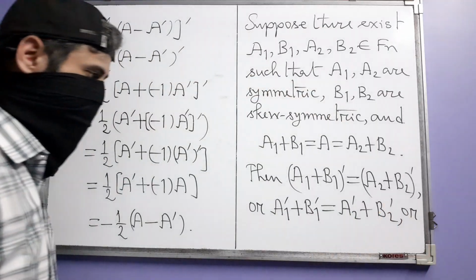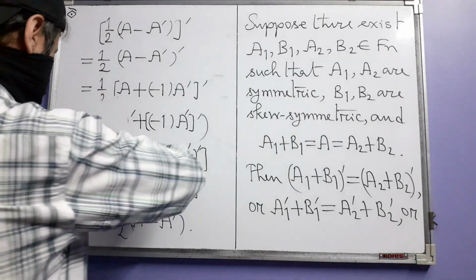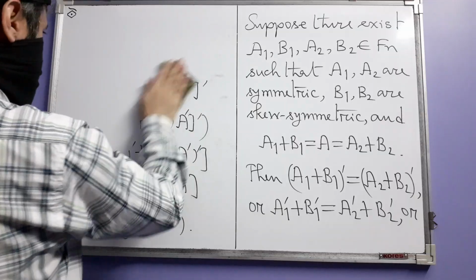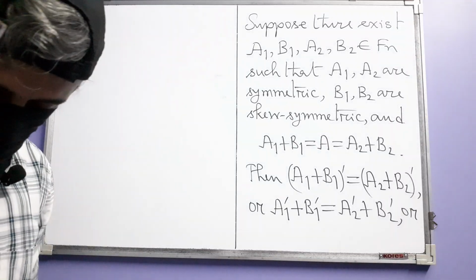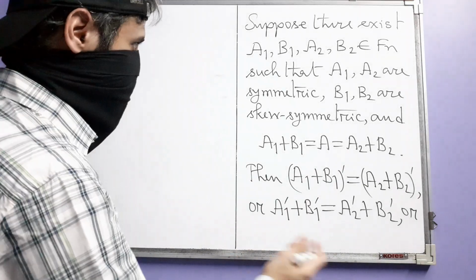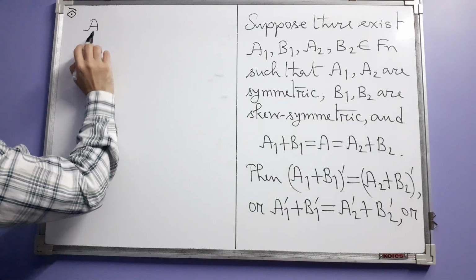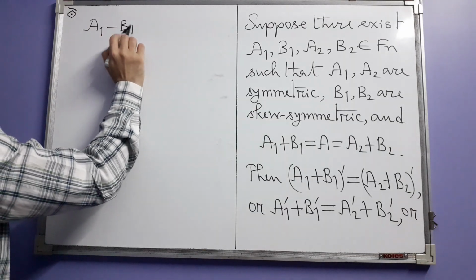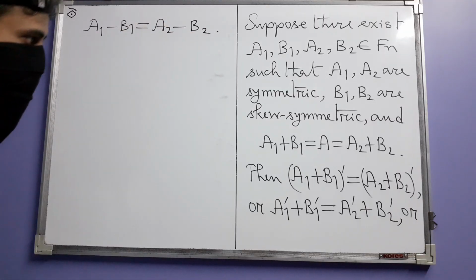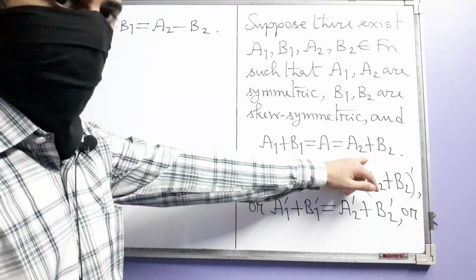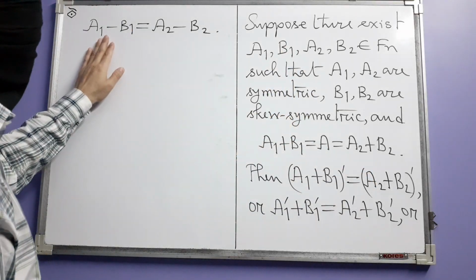Or you can write more because you know that some of these matrices are symmetric and some are skew symmetric. So which ones are symmetric? A1 and A2, and B1 and B2 are skew symmetric. So this is what you will get. So you have this equation, you just leave the middle term and you have this equation.